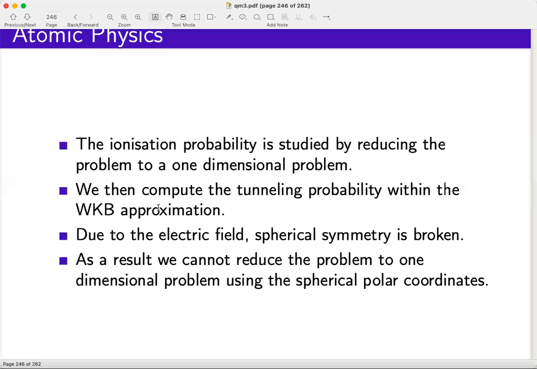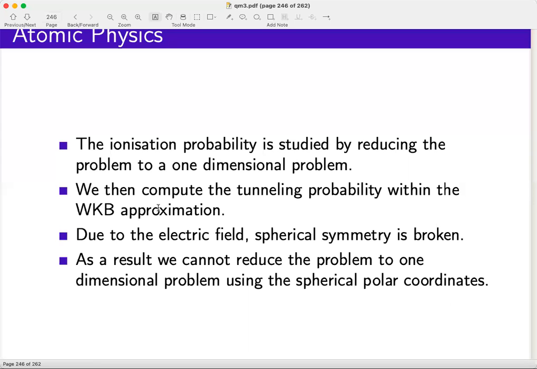Now, the first thing that we notice is that the electric field has already broken the spherical symmetry, because the electric field is E e_z, and z is a vector, and a vector cannot preserve spherical symmetry because it has a direction, and therefore a chosen axis.